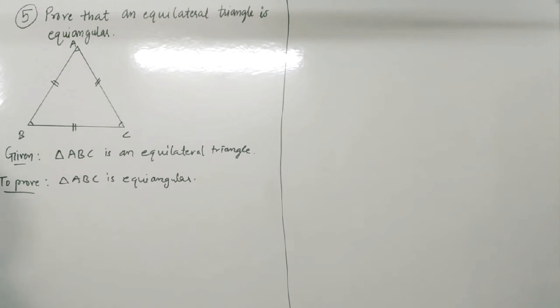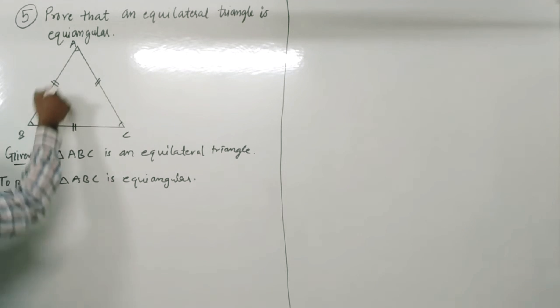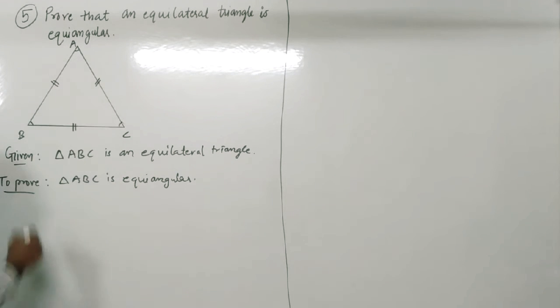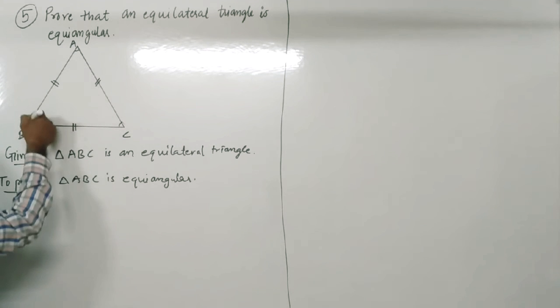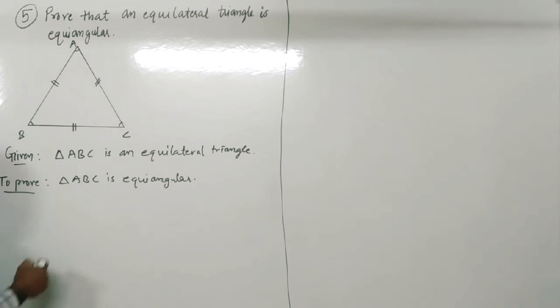Here it is given that the triangle is an equilateral triangle, so sides of the equilateral triangle are congruent. So AB is equal to BC is equal to AC. It is given to us.